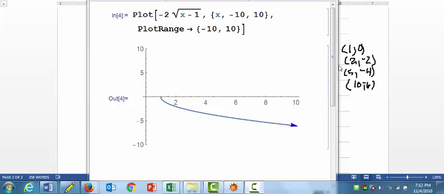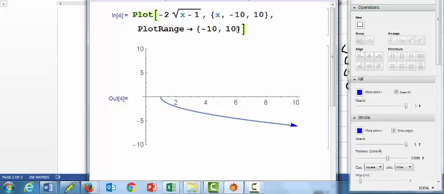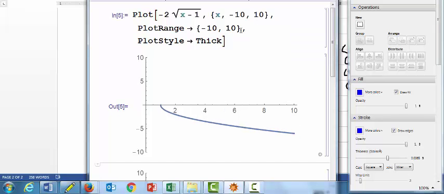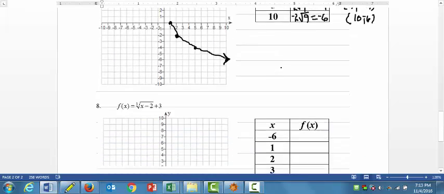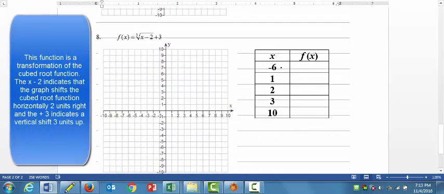Okay, so this would be a much nicer curve showing you what this looks like if I was able to draw it more carefully. So here's what the graph would look like if I was able to actually draw it in a more exact and more controlled way. All right, and then similarly, we want to graph this cube root.